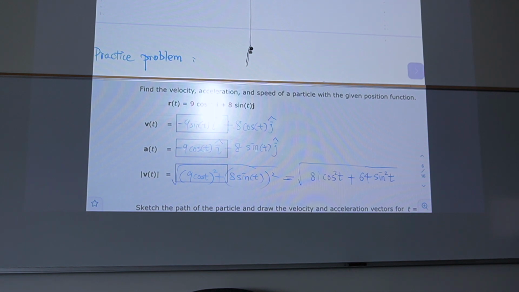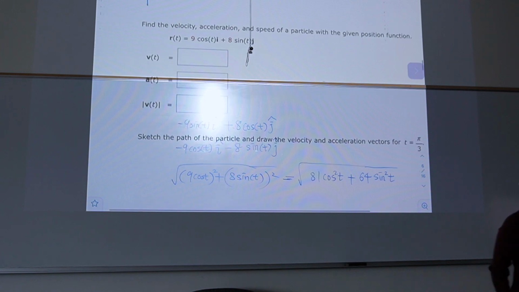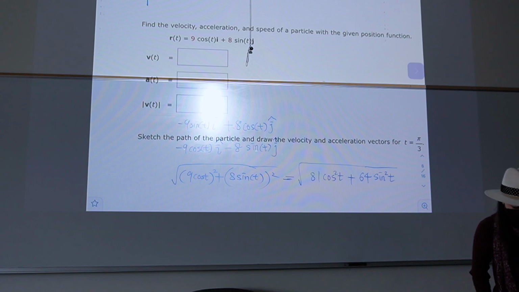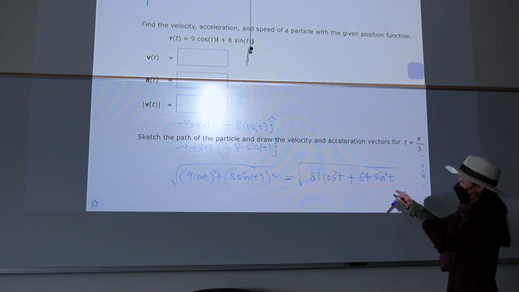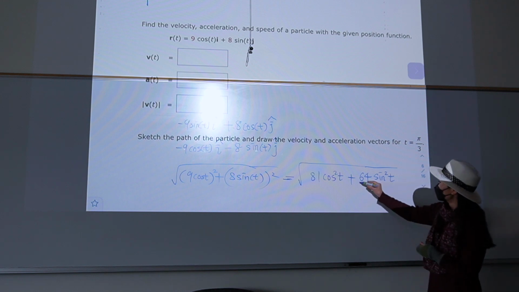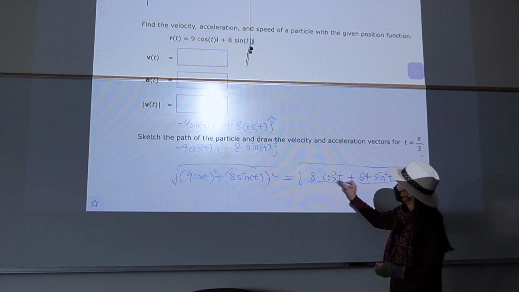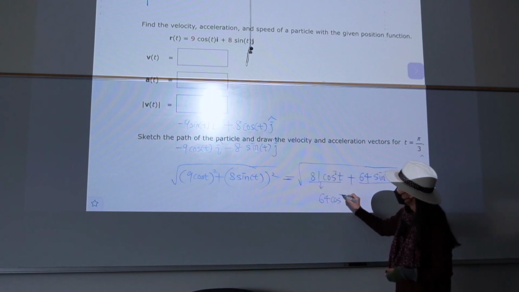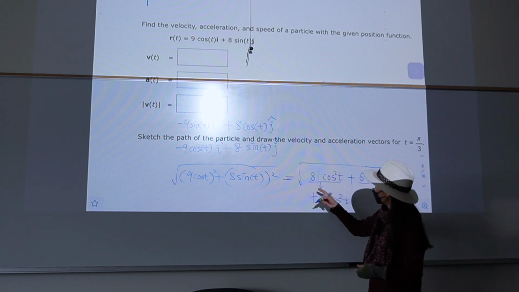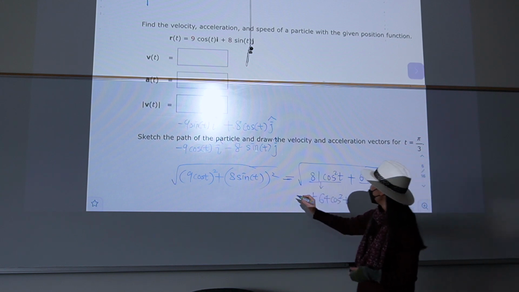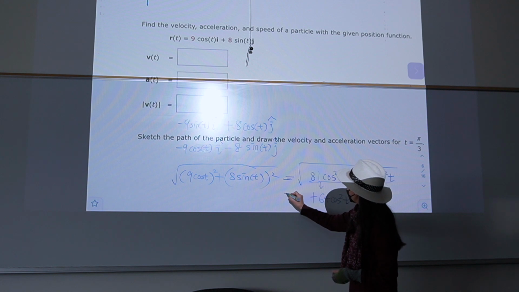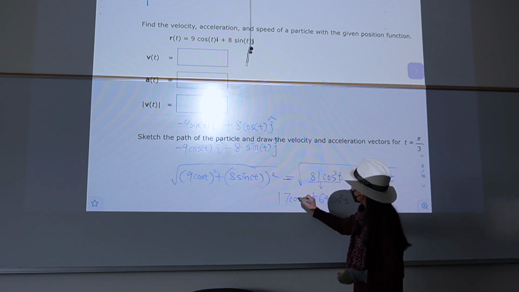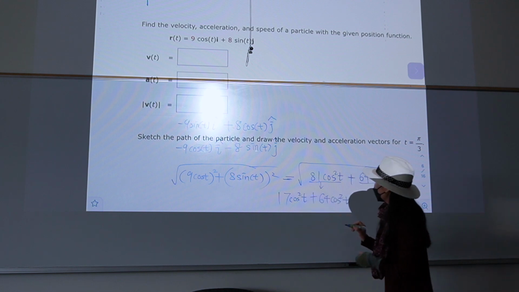Question. Can't you take out something? Oh, never mind. Actually, you could do something, because this one has 64 of this. What if we break it into 64 cosine squared t, and then add 81 minus 64, that would be 17 cosine squared t.